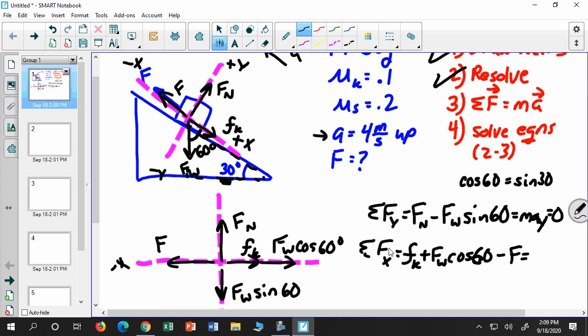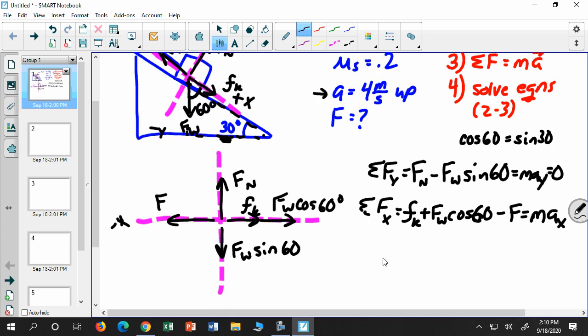And that's equal to the mass times the acceleration in the x direction. And then there's a third equation here that doesn't come from Newton's second law, but it's just based on my definition of kinetic friction, that my kinetic friction is mu k times the normal force.